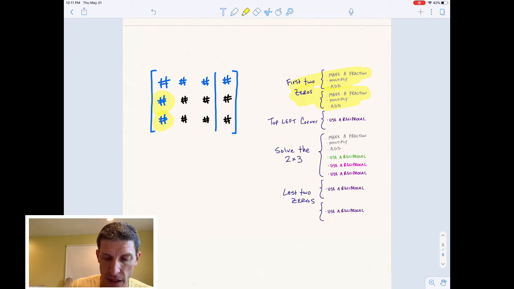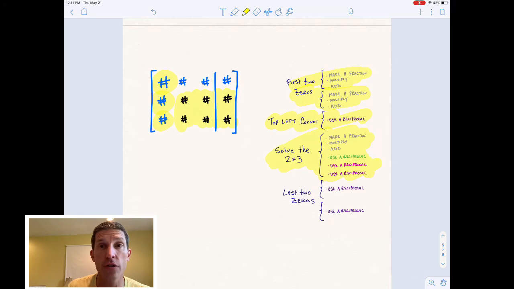Right? Top left corner. Use a reciprocal and turn that into the number 1. Now, as soon as you have that, just solve the 2x3 matrix. Okay? So we did the top left corner. Now we're going to solve the 2x3 matrix, pretty much exactly the same as the example up on top.